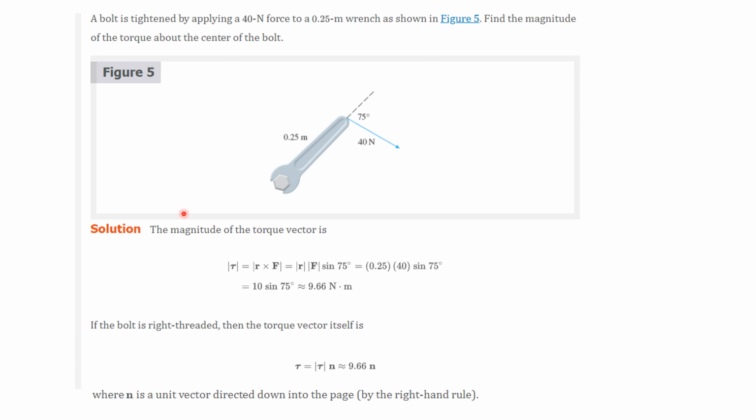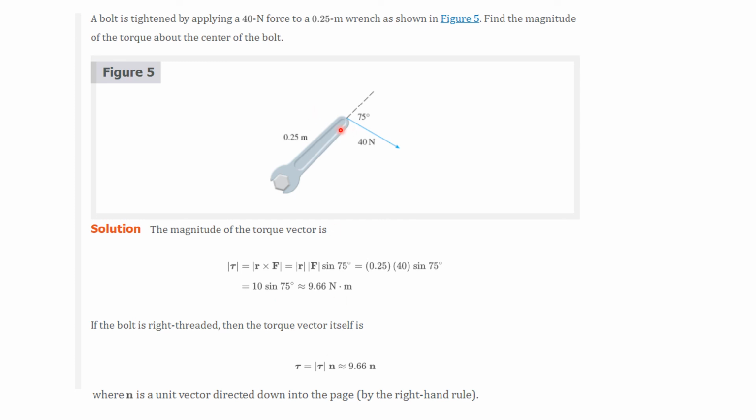Okay, we just used the formula, so the magnitude of the torque is this, which is this by our formulas, and that's approximately equal to this when you use your calculator to get the sine of 75 degrees.